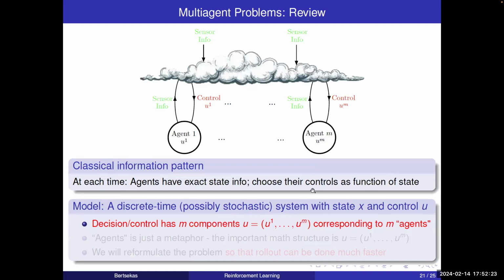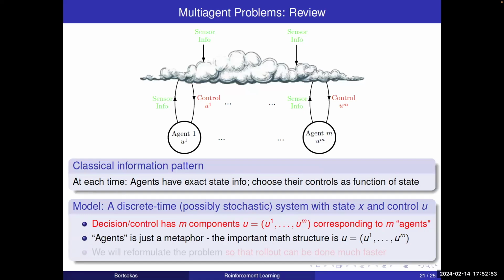It's a discrete time system with state X and control U. And the critical thing that differentiates multi-agent problems from other problems is that the decision or control is an M-dimensional vector, and each component of this vector corresponds to a control for each of the M agents. But agents is just a metaphor. The important mathematical structure here is that U is a vector.